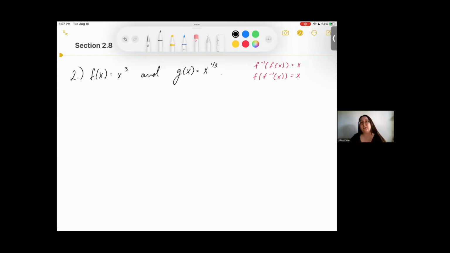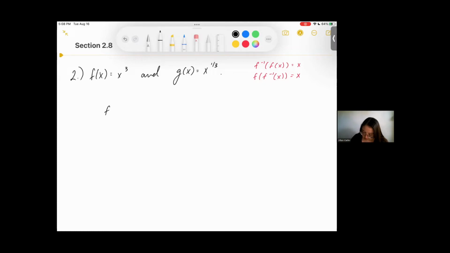So if we want to check if they're inverses, we imagine that if we take their composition, the answer will be x if they're inverses, and if it's not x, then they're not inverses. So let's go ahead and take the composition of our two functions here. We're going to do it both ways just to check and make sure that it is correct.